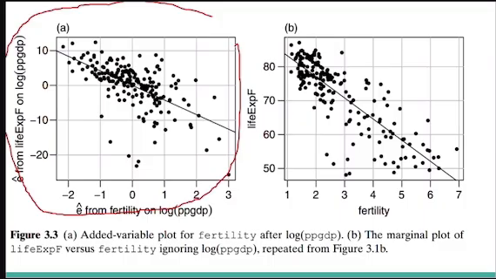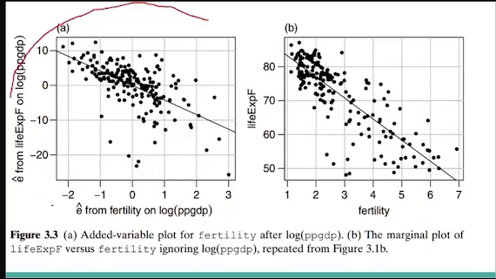But can we do something now? If you take a look at what I have, you see I wrote residual from life expectancy on the log of PPGDP against the residual from fertility on the log of PPGDP.